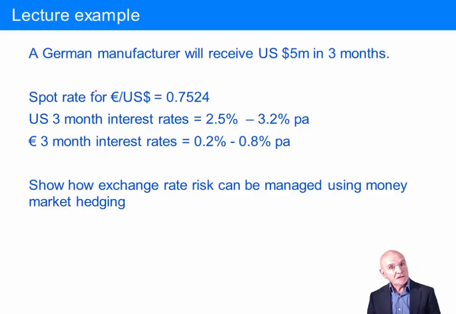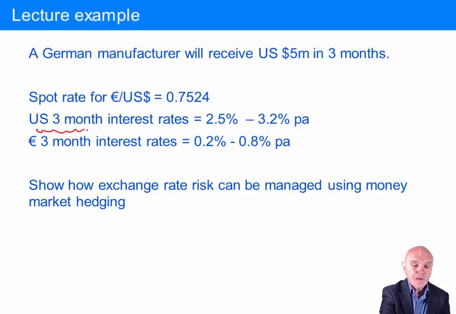But those percentages I quoted, the 3.5 and the 3.8 and so on, are per annum percentages, so you can compare the rate you're getting for putting your money on for 3 months and money on for 6 months. So although this calls itself a 3-month interest rate, they're always going to be per annum.